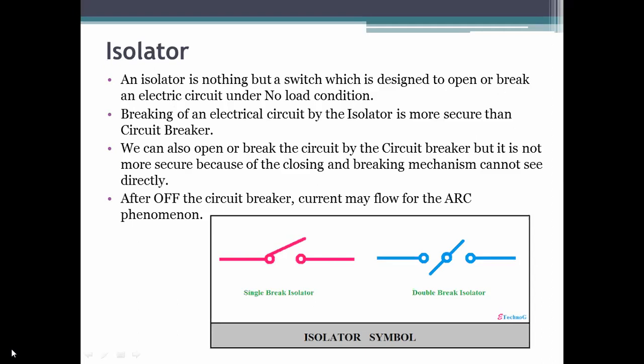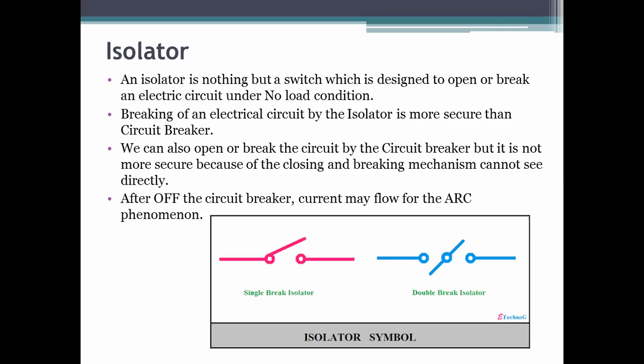Now the next point is the isolator. So this isolator is also one type of a switch. Just like your simple switch, but here this switch is placed in some insulating material, for example oil.